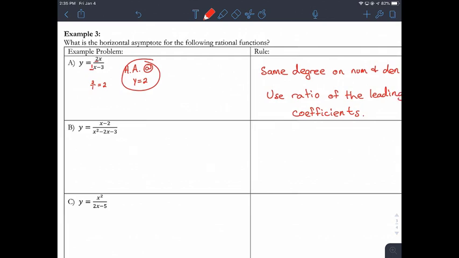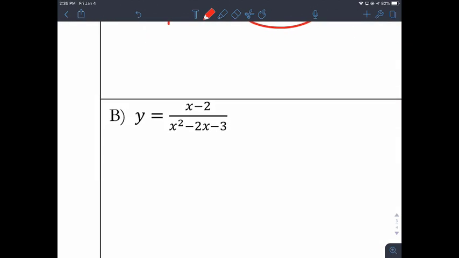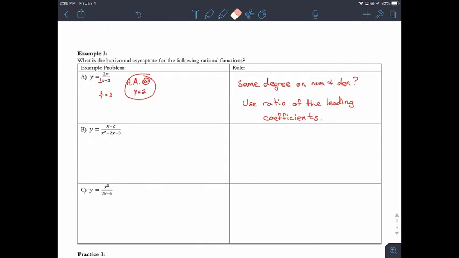B is a little bit different. If we look at B, we see that the leading exponents aren't the same on this one. This one has a 1, and this one has a 2. So the one on the bottom is bigger. So if there is a larger degree or a larger exponent in the denominator, the horizontal asymptote is always at y equals 0.